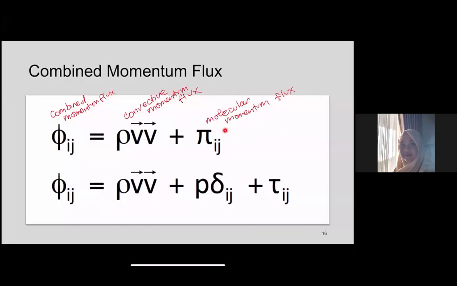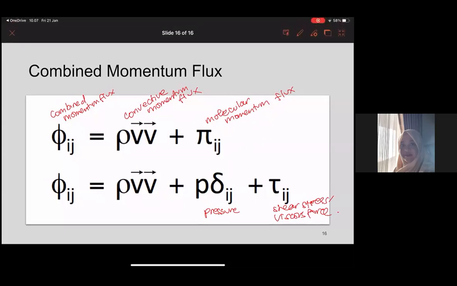And then if you want to break down again, the molecular momentum flux is defined as the pressure, gaya tekan, and also the shear stress or the viscous force.